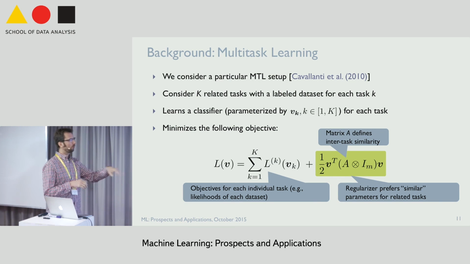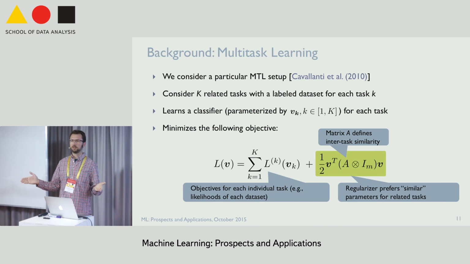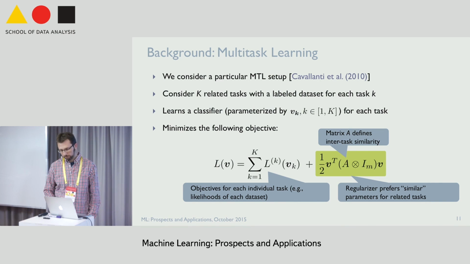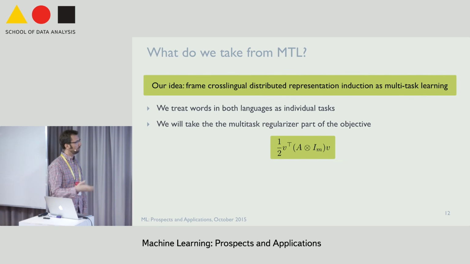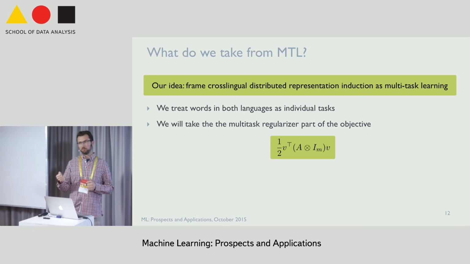I'm glossing over notation here, but basically the idea is that you want to prefer v sub k's to be closer to each other for tasks that are similar to one another. So this naturally applies to what we're trying to do. Our idea is we're going to use it when we learn word representations.